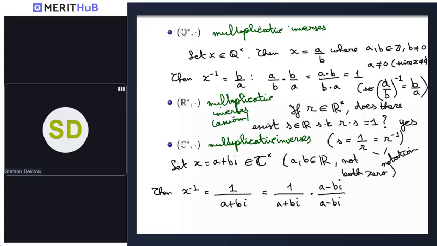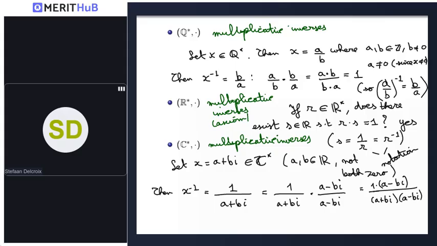We're not really multiplying by a minus bi, we're multiplying and dividing by it, so we're not doing anything fancy. We're multiplying by 1, but in such a way that it changes the way it looks. So now we can multiply the numerator 1 times a minus bi and also the denominator.